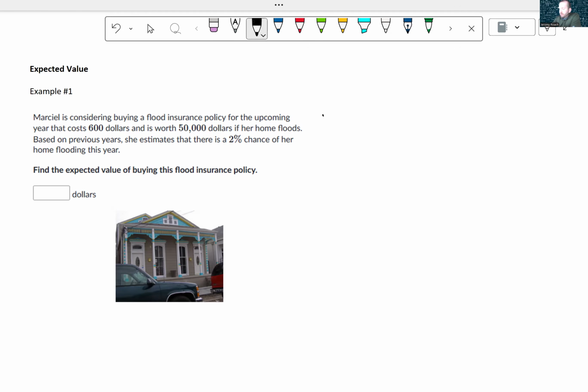So the benefit is actually $50,000 minus the $600 that we spend. So if the house ends up flooding, we don't make $50,000 on the insurance policy. We only would make $49,400.